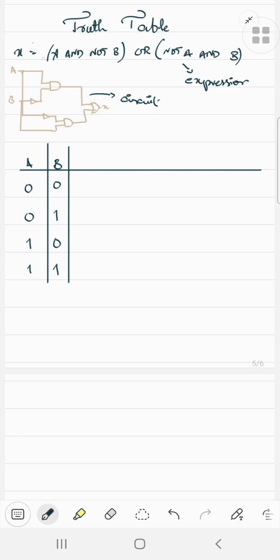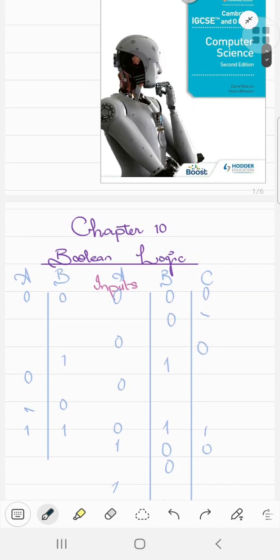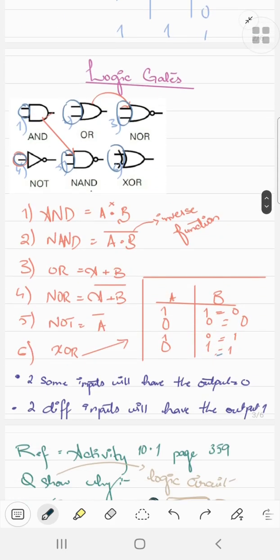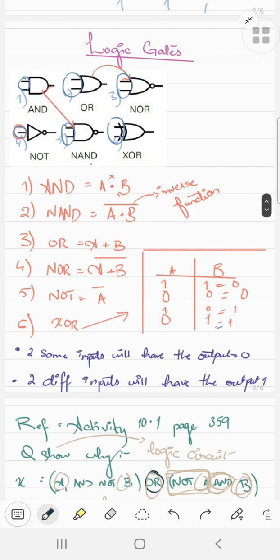A and B. The first thing this says is the AND gate, and here NOT gate. A and not B. A and not B means that A will be multiplied by the inverse of B. Not B is inverse of B, right? Here we studied that it is always the inverse, right?